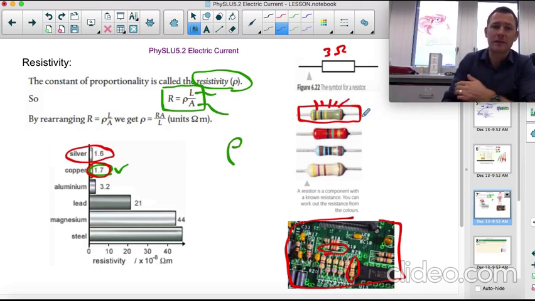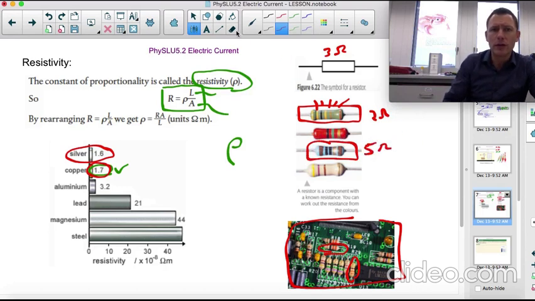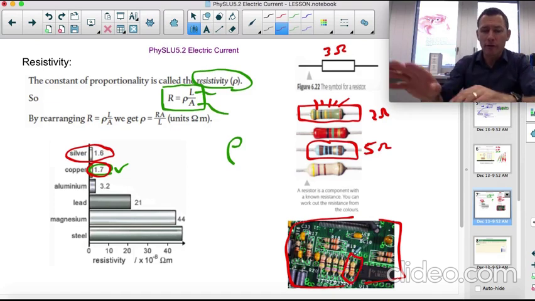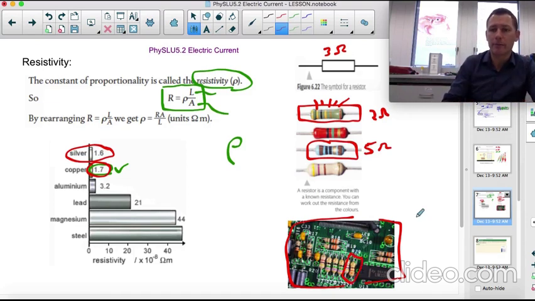So maybe this is like a 2 ohm resistor, and this will be a 5 ohm resistor, just based on what the stripe color is. We use these in a circuit to make sure there's the right amount of current and voltage going through whatever little component we want. So these sort of keep the flow of electrons where we want them.